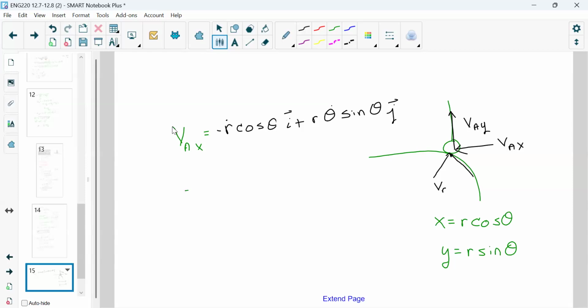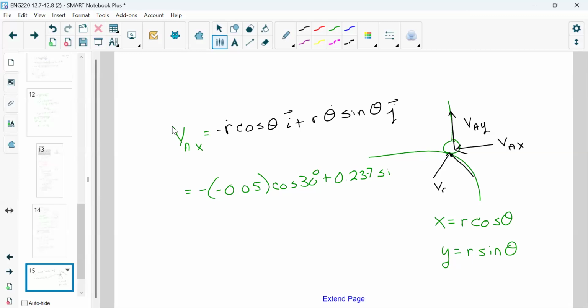All right, so negative of negative 0.05 cosine of 30 degrees plus, and then that one, the V sub theta was 0.237, correct?